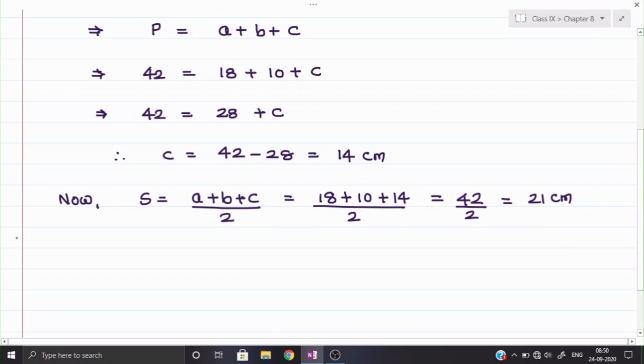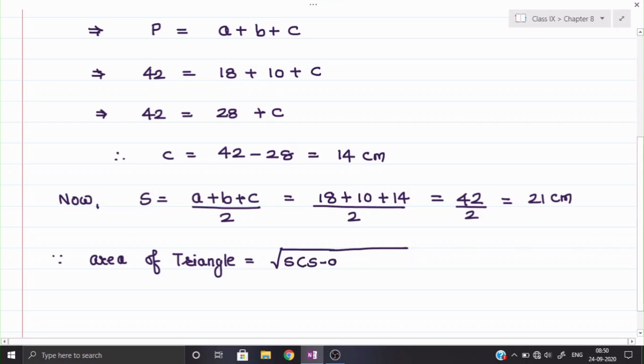So we can say that the area of triangle is equal to under root of s into (s minus a) into (s minus b) into (s minus c).